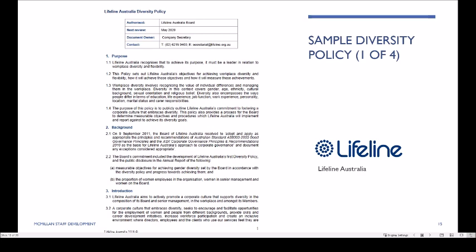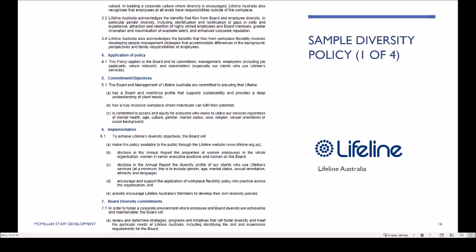A corporate culture that embraces diversity, seeks to encourage and facilitate opportunities for the employment of women and people from different backgrounds, provide skills and career development initiatives, increase workforce participation, and create an inclusive environment where directors, employees, and the clients who use our services feel they are valued in building a corporate culture where diversity is encouraged.